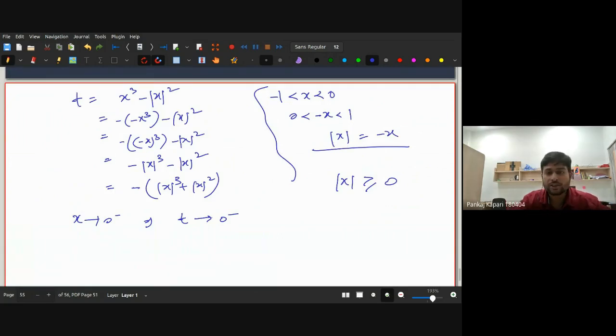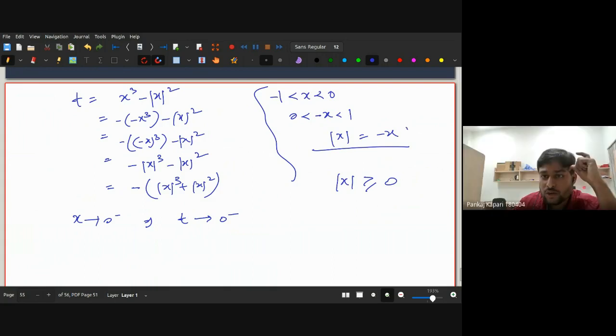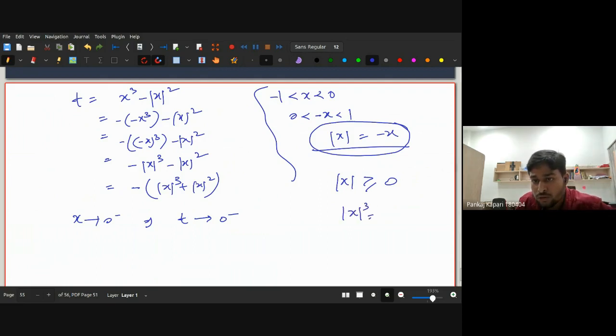I think we are making some mistake here. Mod x cube. Yes, because mod x is equal to minus x, right? So what is mod x cube? Mod x cube is the same as minus x cube, which is just minus of x cube.